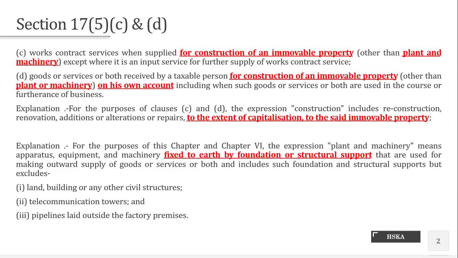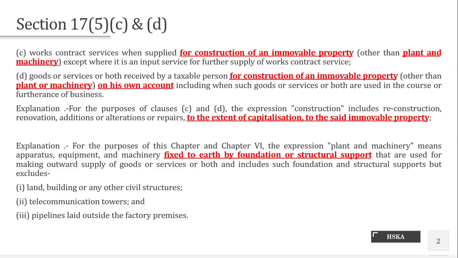It says, for the purpose of this chapter and chapter 6, the expression plant and machinery means apparatus, equipment, and machinery which is fixed to earth by foundation or structural support that are used for making outward supply of goods or services or both, and includes such foundation and structural support but excludes land, building, or any civil structures, telecommunication towers, and pipelines outside the factory premises.